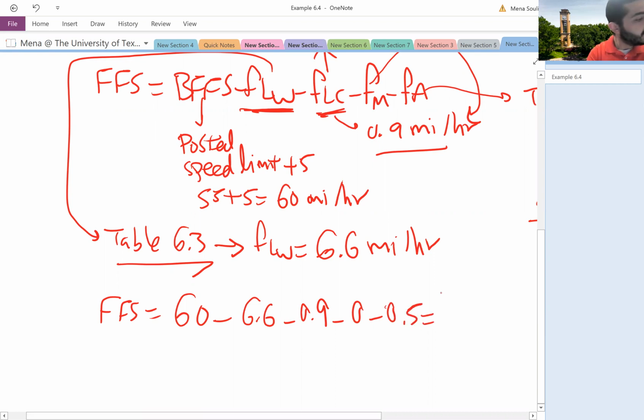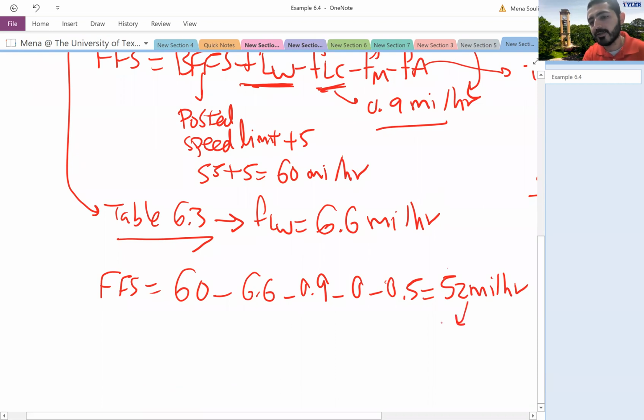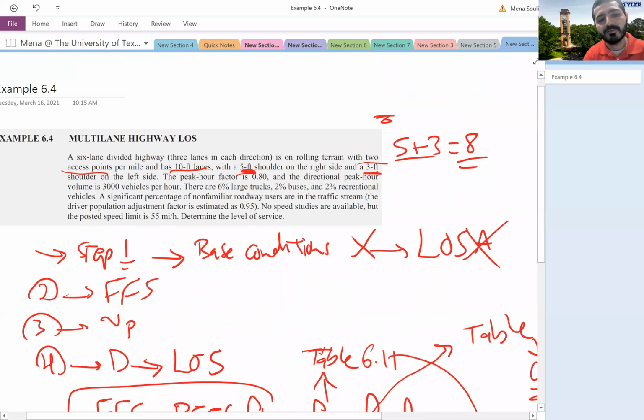And therefore, the free flow speed is 52 miles per hour. And what do we do again? We round it down to the nearest 5, and therefore that's going to be 50 miles per hour, the free flow speed.